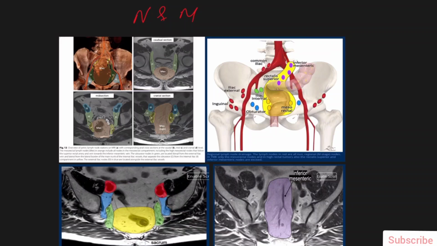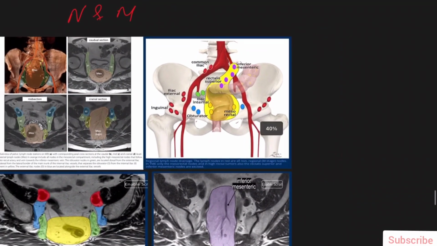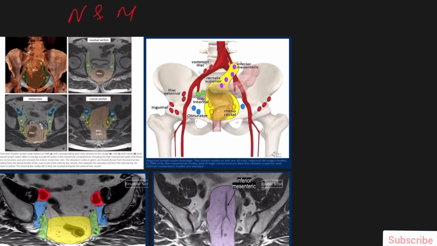The lymph nodes for CA rectum are divided into regional and non-regional lymph nodes. The regional lymph nodes include the mesorectal lymph nodes.